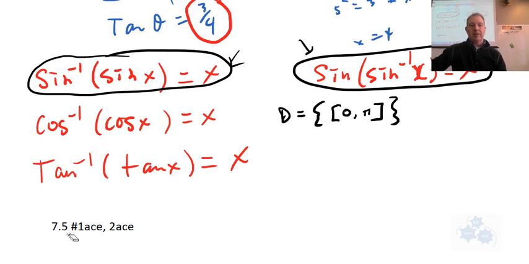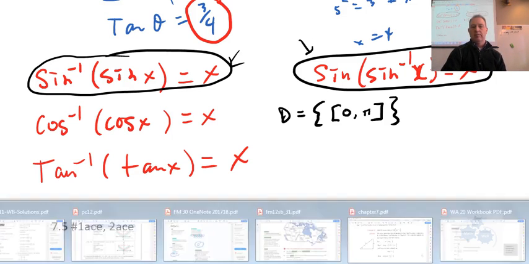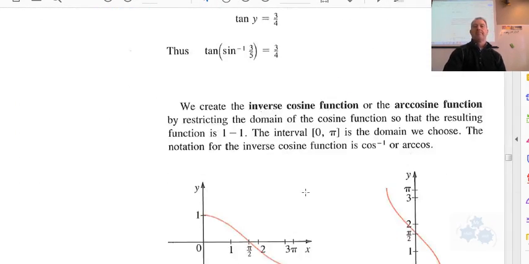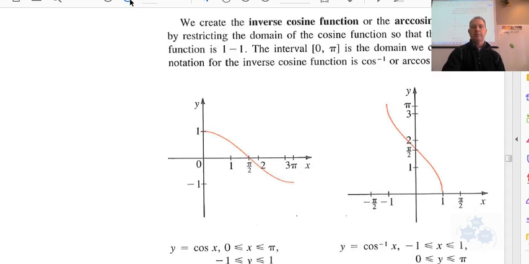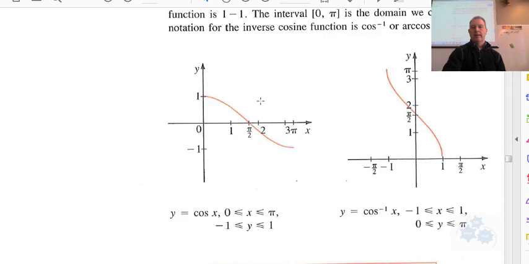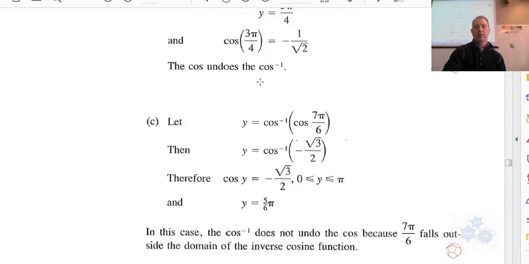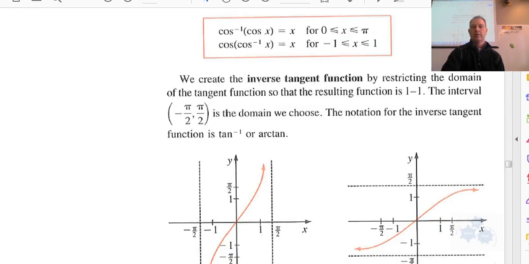Okay, so here's your assignment 7.5, 1 ACE, 2 ACE, and I'll just go back to the textbook here briefly. So there's some visuals there on cosine, arc cos as well, arc tan, arc cos, and so on. There's your different domains right here. That'll be on page 332.